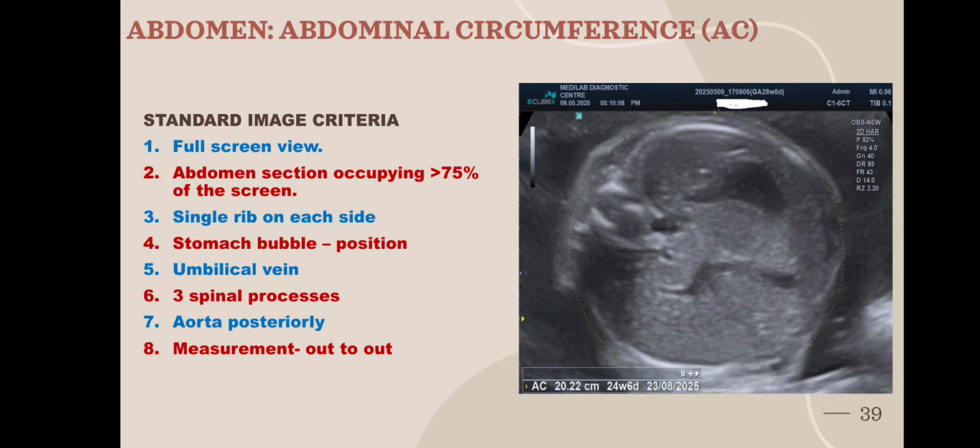And see the umbilical vein, single rib on both sides, 3 spinal processes, aorta posteriorly, measure out to out. This will be abdominal circumference, or AC.